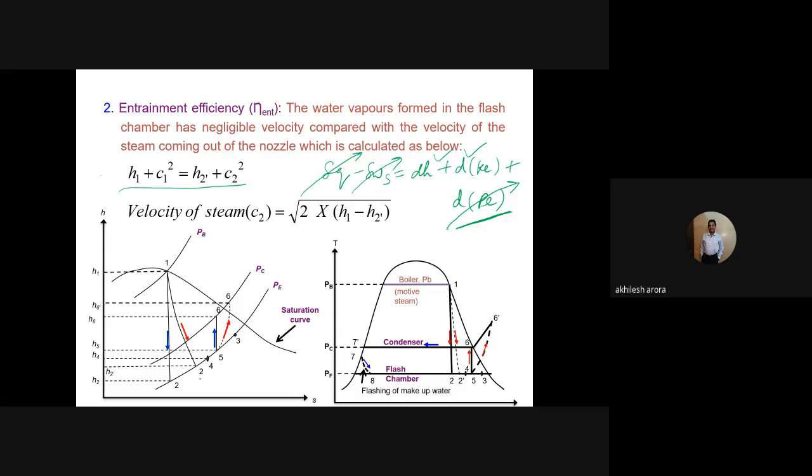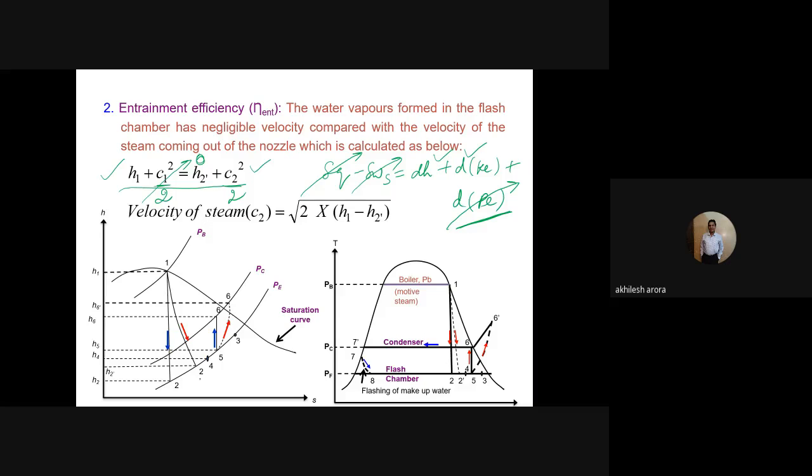So we get h1 plus c1 square by 2, because it's the kinetic energy term, equals h2 dash plus c2 square by 2. As I told you, at the entry to the nozzle this velocity c1 is negligible, so it is neglected here.